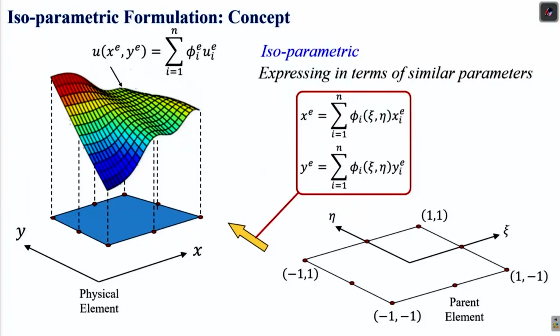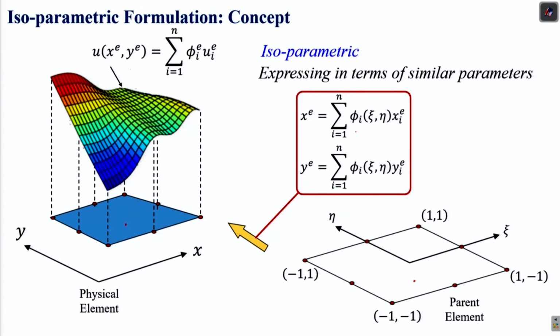So, what does geometry mean? For any point in the parent domain and any point in the physical domain, say point x and y, we need to know how this point is mapped. If we know any point in the xi-eta coordinate system, and the corresponding point in the xy coordinate system, that will give you the geometry.